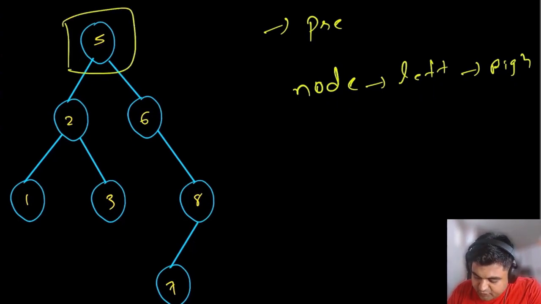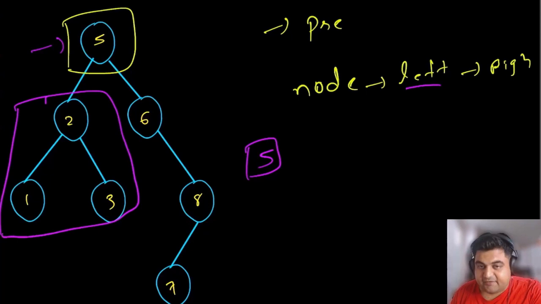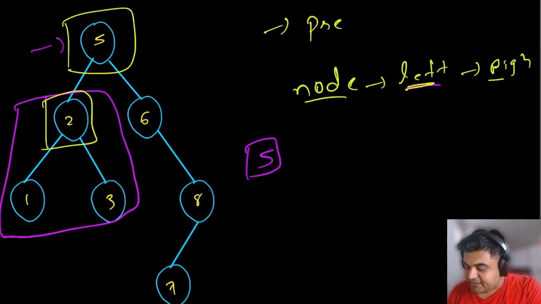We visit the node, so the first action is going to be on node number 5. Then we visit the left subtree, if it exists, and the left subtree exists. So this is the entire left subtree. Even for the left subtree, we repeat the same process: we visit the node first before visiting its left subtree and right subtree.